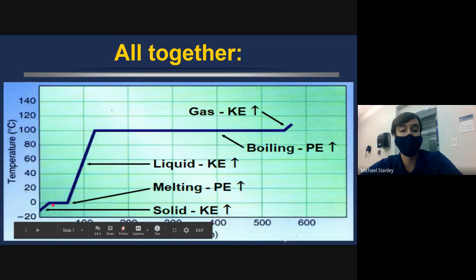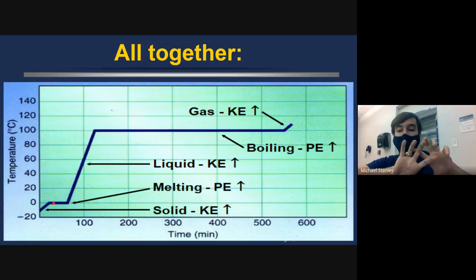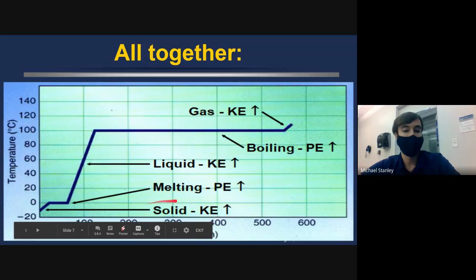Our temperature stays the same because the particles aren't moving faster, they're moving away from each other. So the kinetic energy isn't changing here, but the potential energy is going up. So we start with a big block of ice. It's melting, melting, melting, melting, until finally it becomes liquid water.